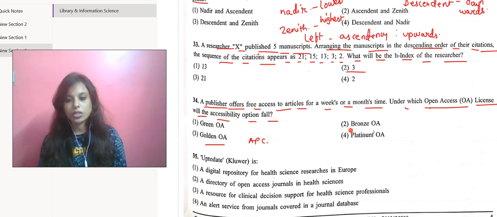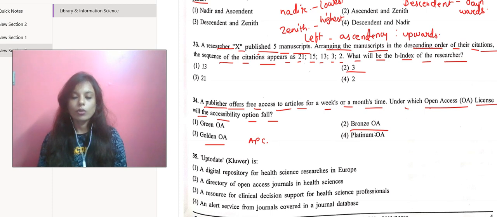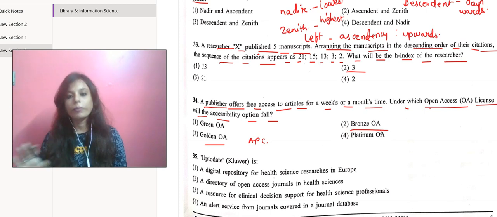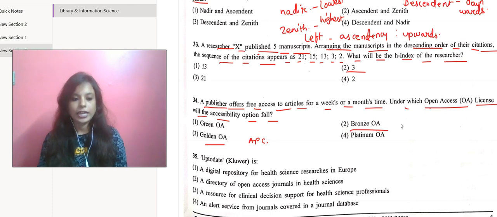Coming to bronze OA. Bronze open access refers to a freely available journal article that has no open license and hence cannot be considered fully open access. Coming to platinum open access.